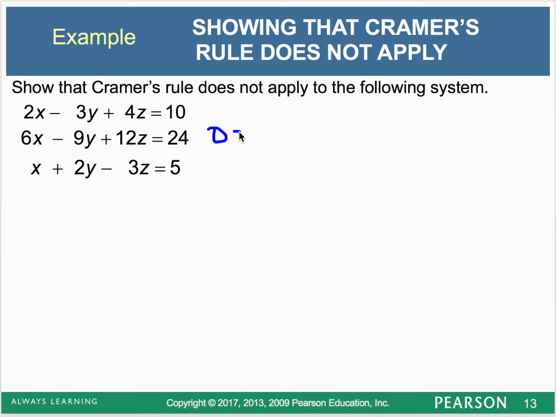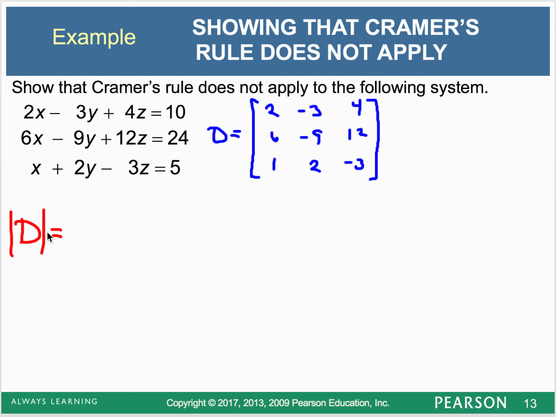Make your determinant of D, so 2, 6, 1, negative 3, negative 9, 2, and 4, 12, negative 3. We are going to find this determinant before we do anything else, because there may be no need to continue.